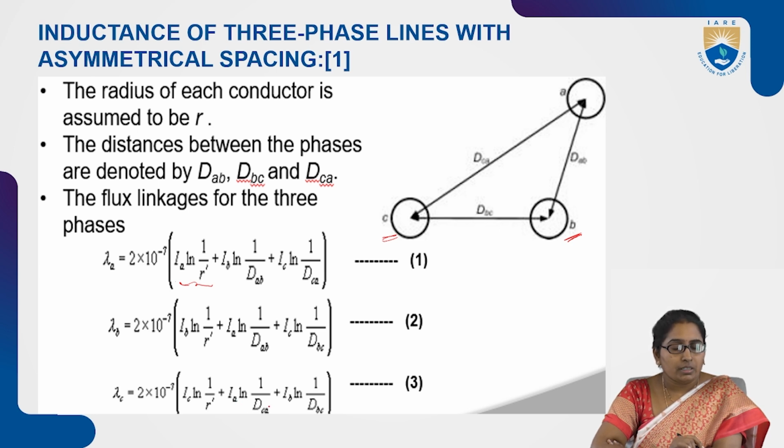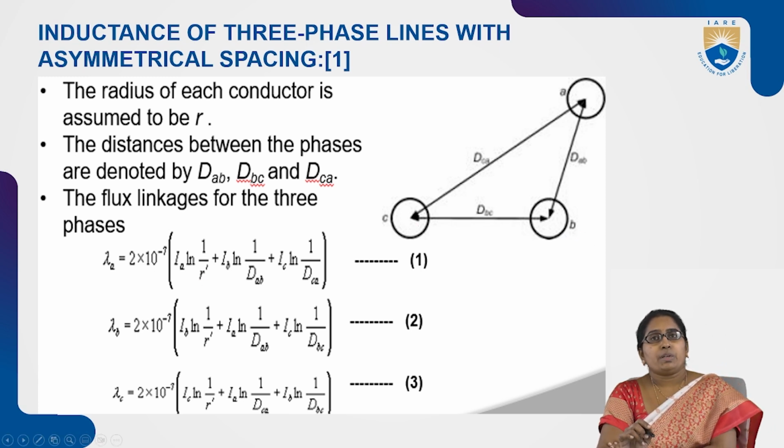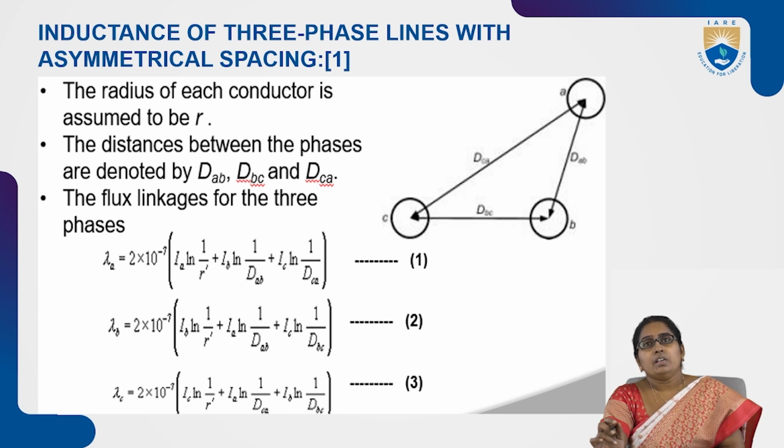Next, due to the other one, B, Ib into log of 1 by DBC, from the diagram. So from the diagram, for C, the two conductors and their related distances give the flux linkages expressions.